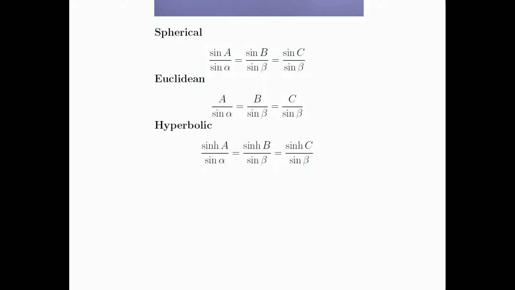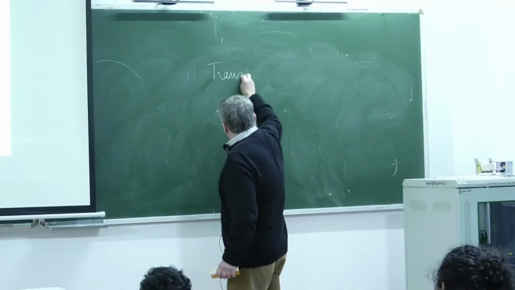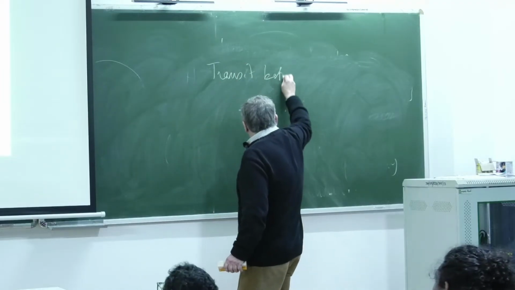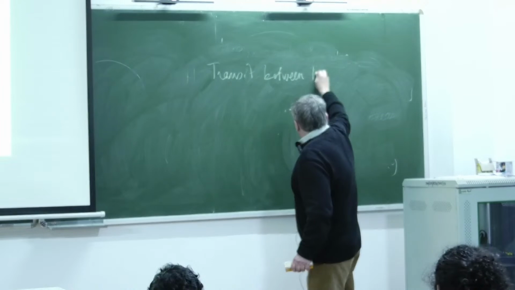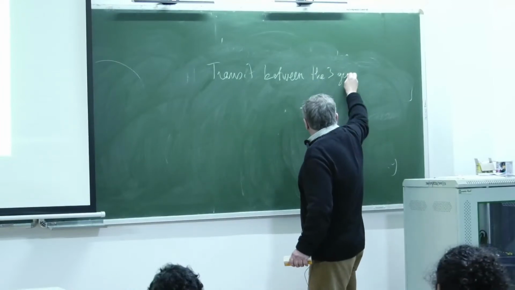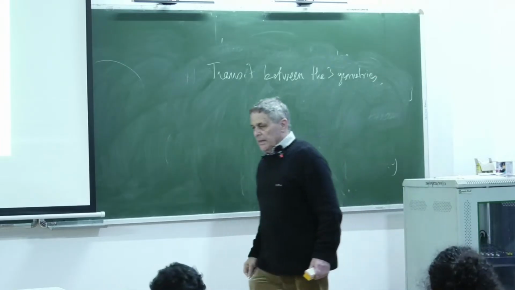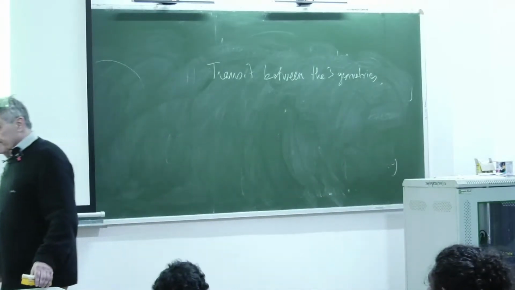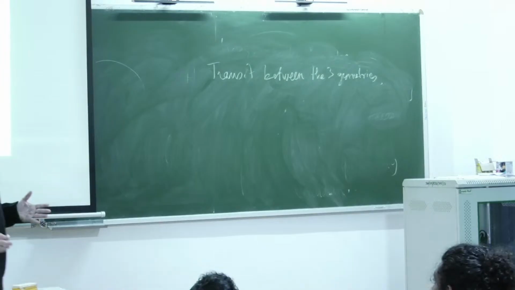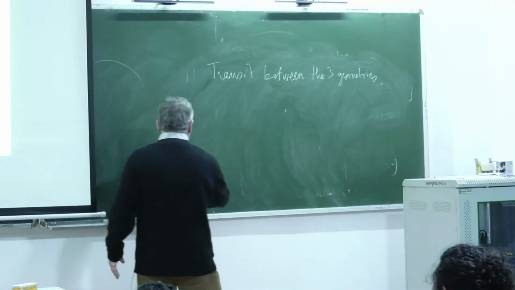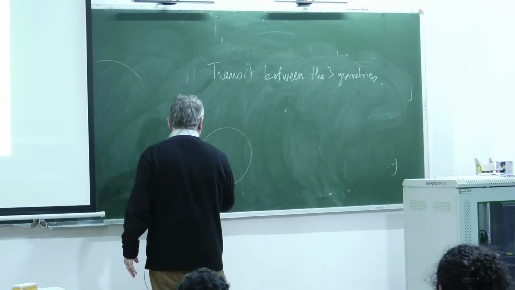There are a few ways to transit between the three geometries. For instance, let's say you have the sphere.